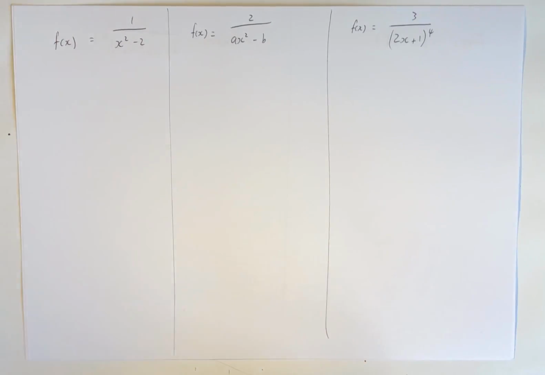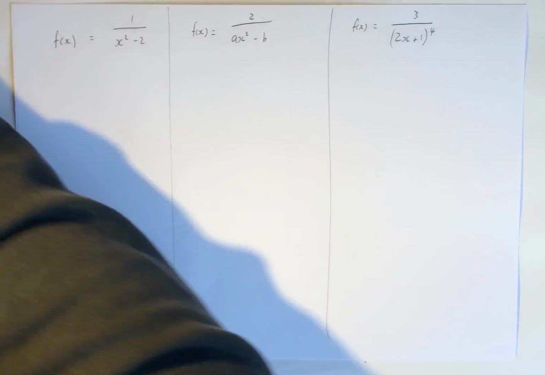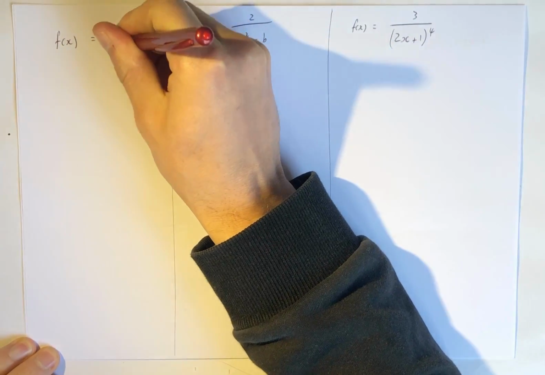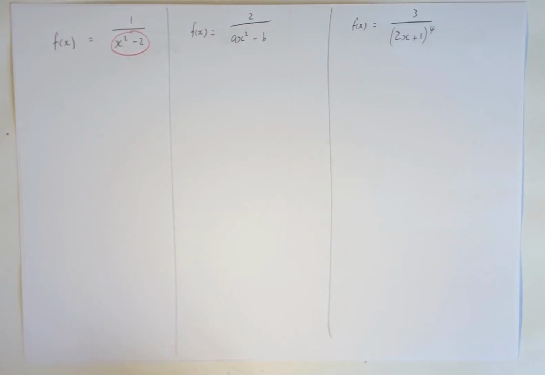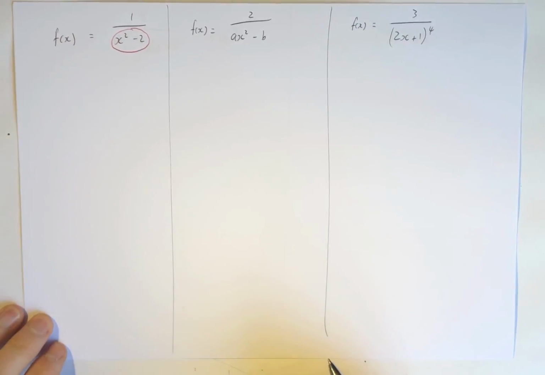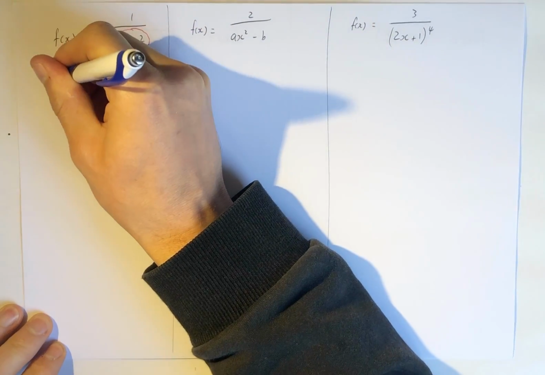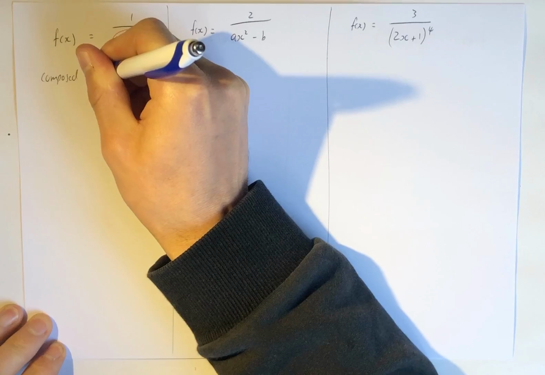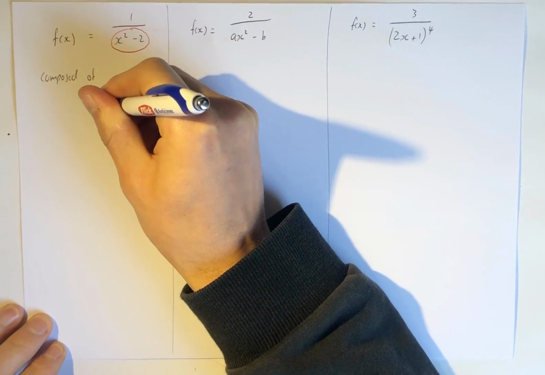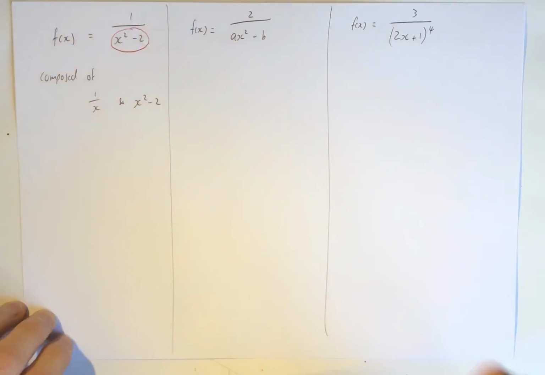So what we're doing today is chain rule. I'm going to circle inside functions in red. So that there is our inside function. This f of x is composed of this function 1 over x and this function x squared minus 2.